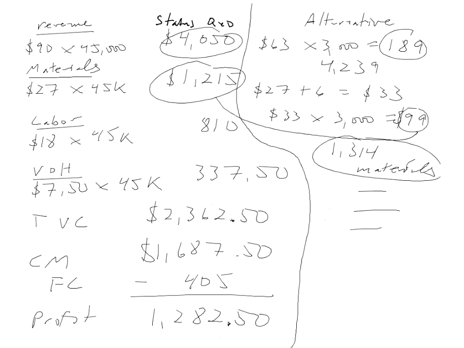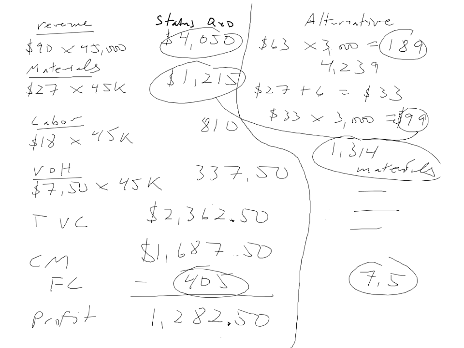Now, a difference here is going to be fixed costs, okay? Because on column 1, fixed cost is 405. It tells us that for this special order, we're going to have to rent a new piece of equipment for $7,500. So instead of 405, we're going to have to include this new 7.5, as abbreviated for 7,500.